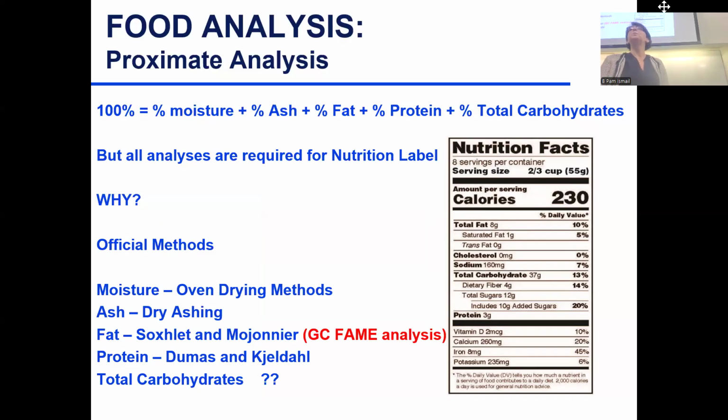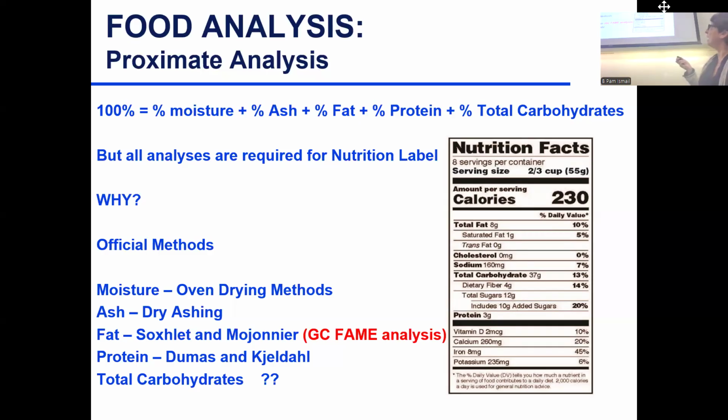Why? When I want to produce a nutrition label, I have to analyze moisture and ash. Why? I just said it. So I can determine the carbohydrate, which is calculated, and that's what goes in this place on the nutrition label. So total carbohydrate is calculated.